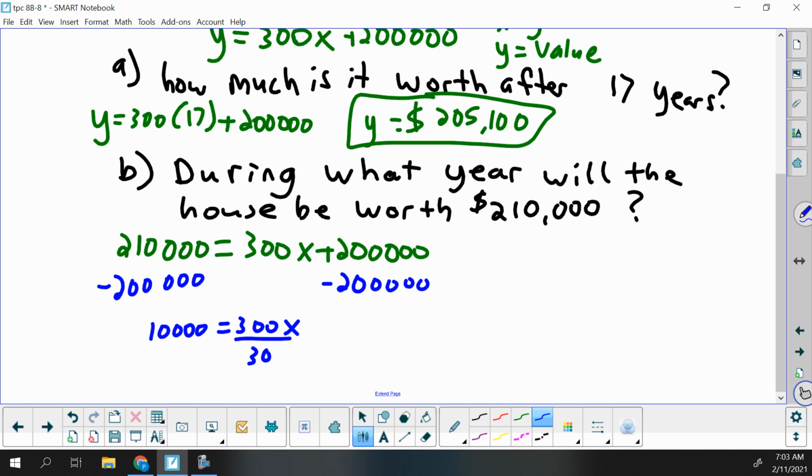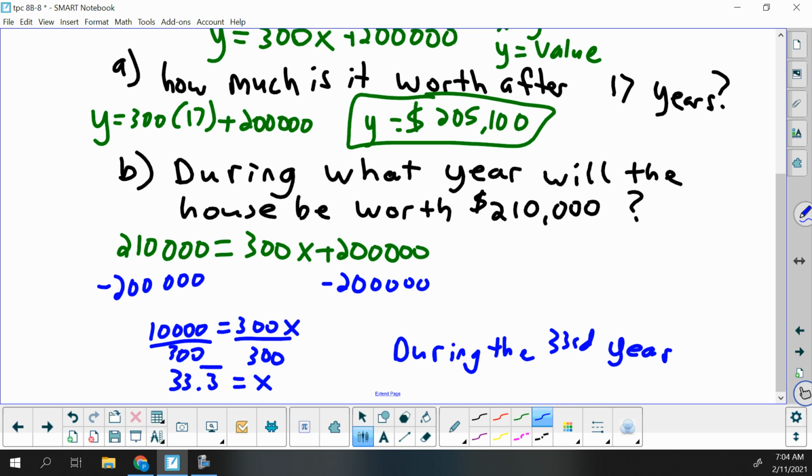If we divide that and do a control divide to make sure we get a decimal, we get 33.3 repeating. So that is sometime during the 33rd year. So our answer we would say during the 33rd year.